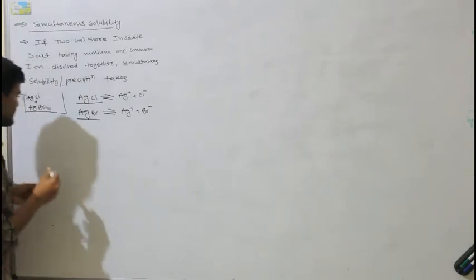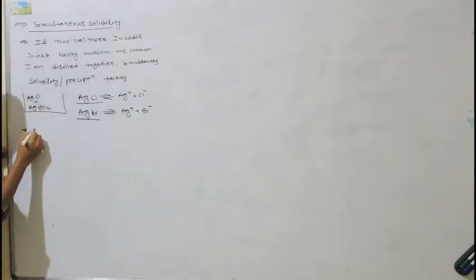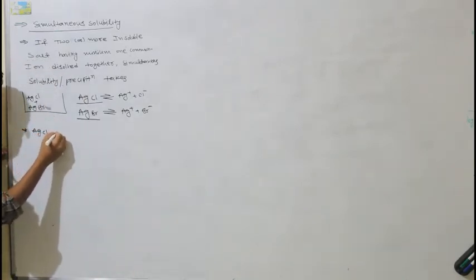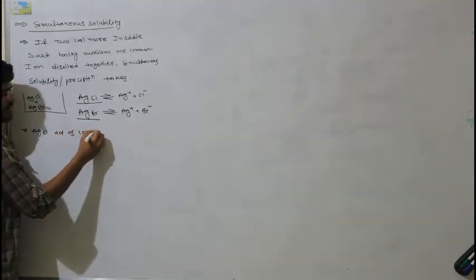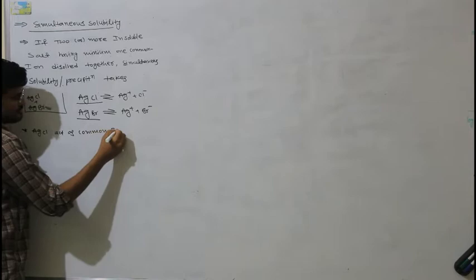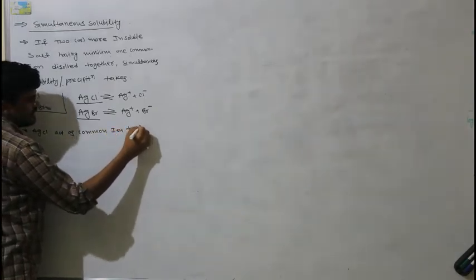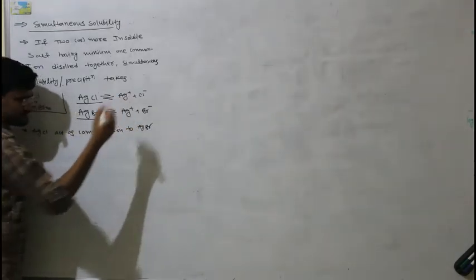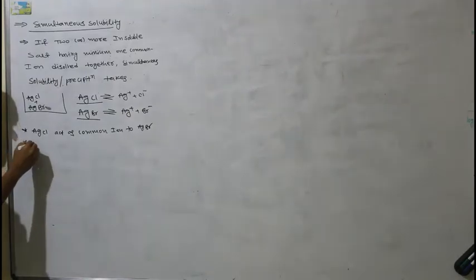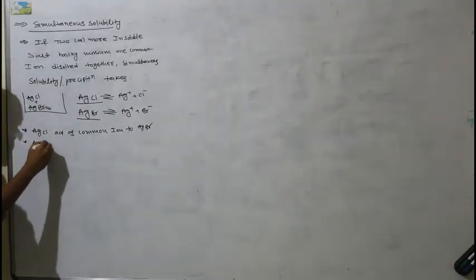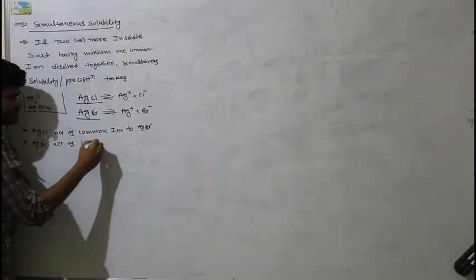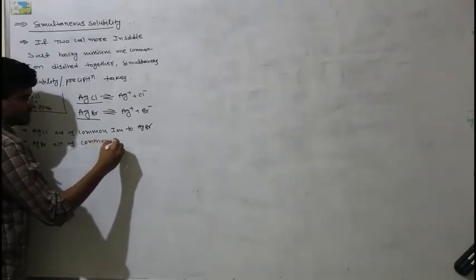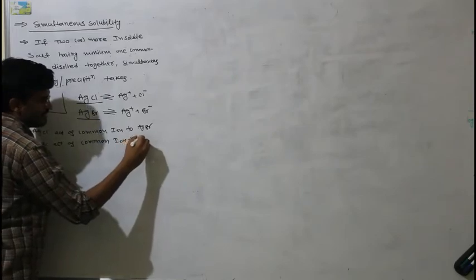So what can we write here? AgCl acts as a common ion to AgBr. Next, AgBr acts as a common ion to AgCl.